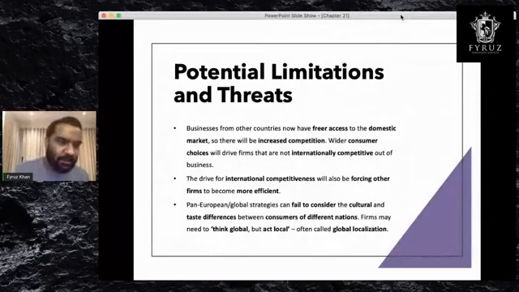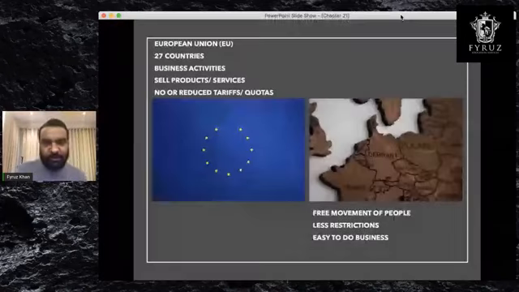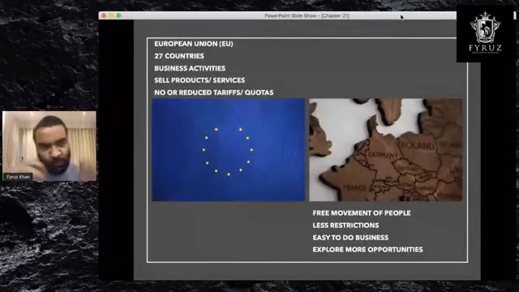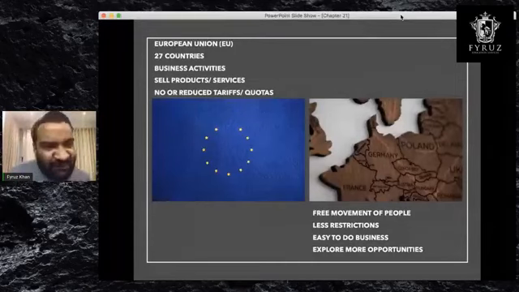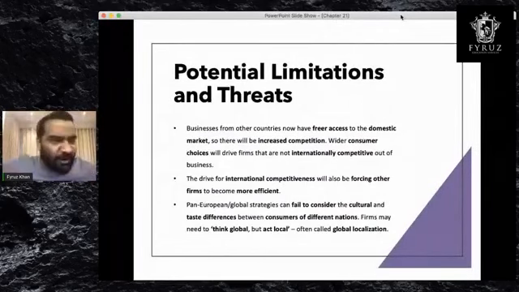For example, the European Union has 27 countries working together, and you can move easily, which means you have increased competition. People will be able to move easily. More international brands will be coming to your home country, and there'll be increased competition.